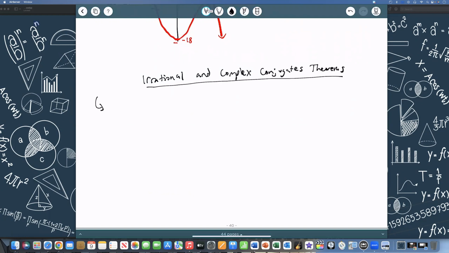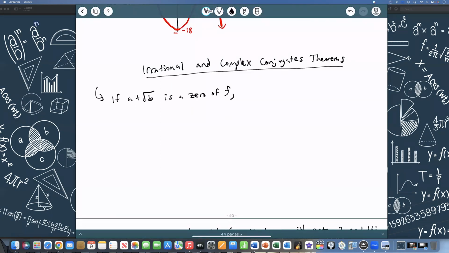Starting with the irrational one, it tells me if a plus radical b is a zero of my function. So you remember, if I have a zero that looks like 2 plus radical 3, that would come from completing the square or the quadratic formula. In either of those forms, whenever we take a square root, we need to remember the plus or minus.